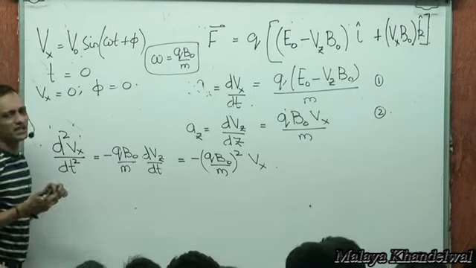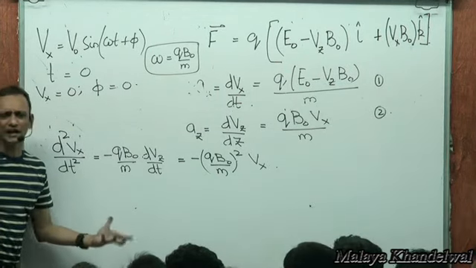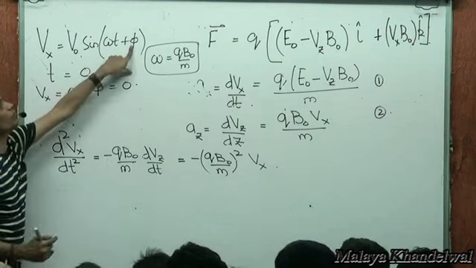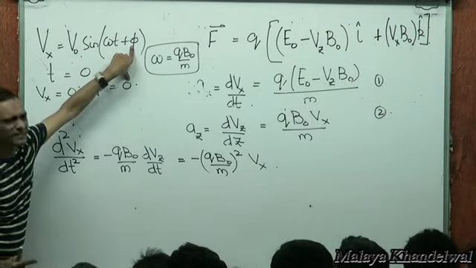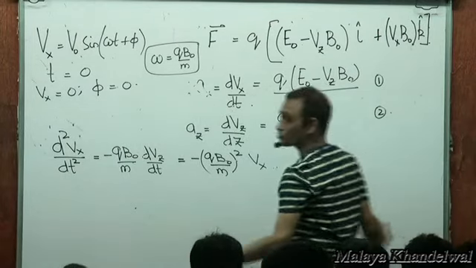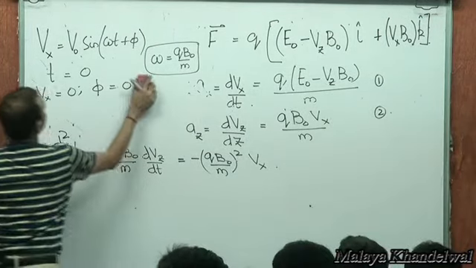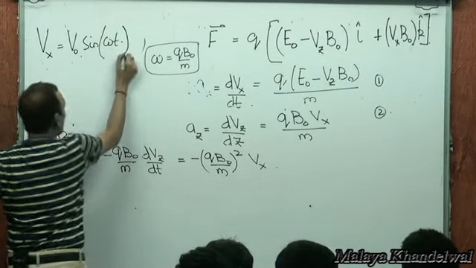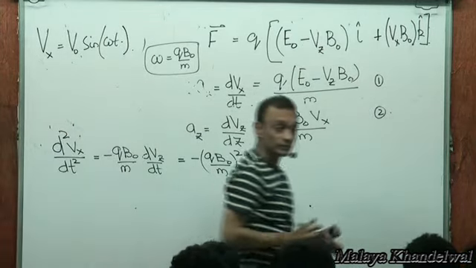Just to simplify the algebra, I took the particle starting from rest. But if it didn't start from rest, only this phi would have changed. So in this case, phi turns out to be 0. So then this is what the motion is, where V0 is still to be handled.